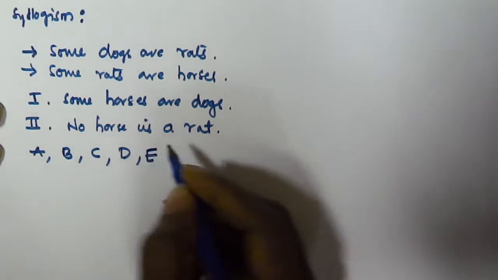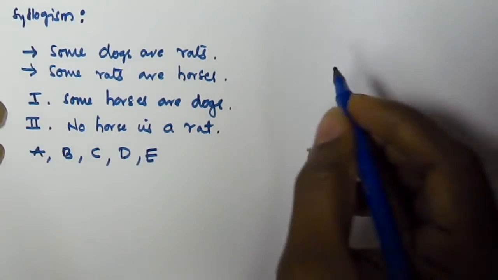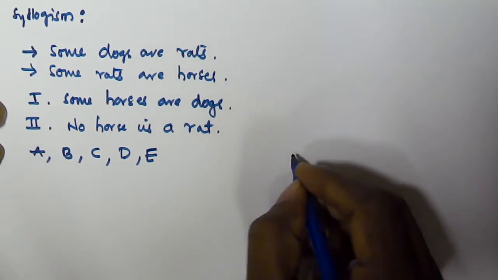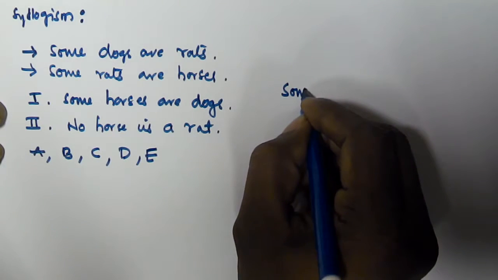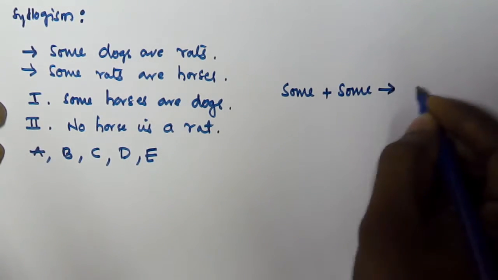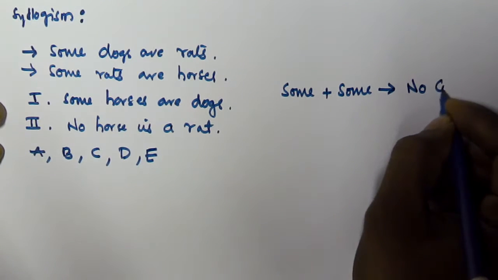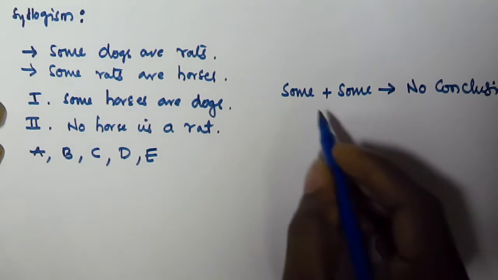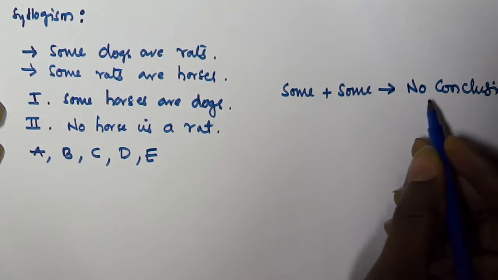So in the previous video, I told one rule. What rule did I tell? When there is some plus some, it will give no conclusion.